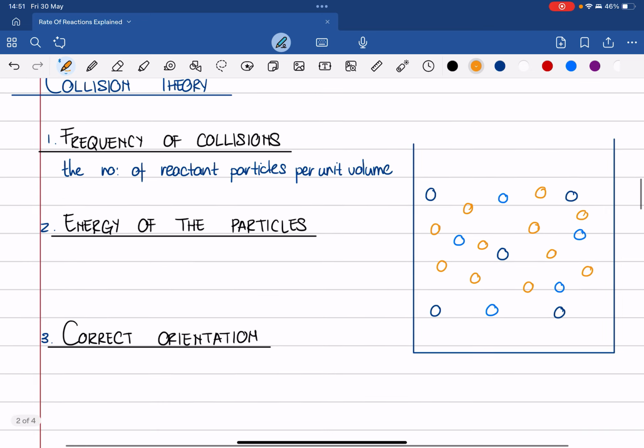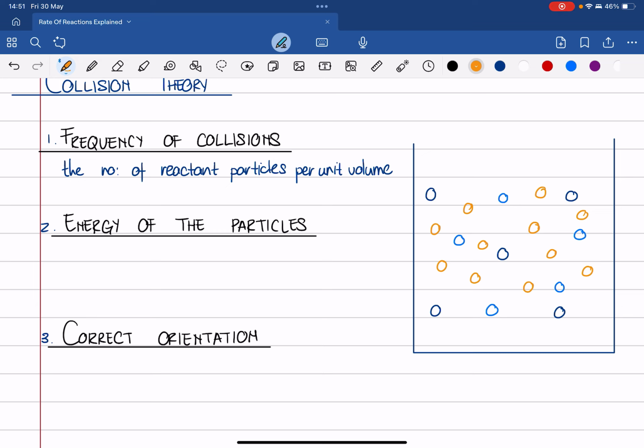Number 2, under the collision theory, we have to talk about the energy of the particles. So it's not enough for particles just to collide, but they have to collide with what we call sufficient energy, enough energy. Because we learned in grade 10 and in grade 11 that there is a minimum amount of energy required in order for a reaction to happen.